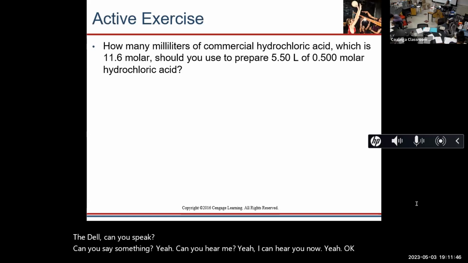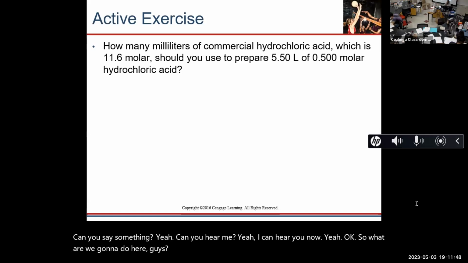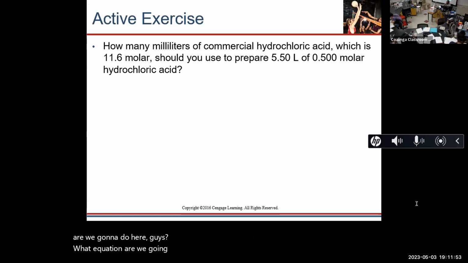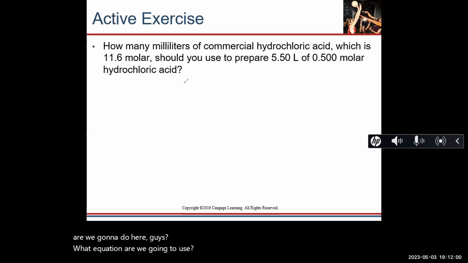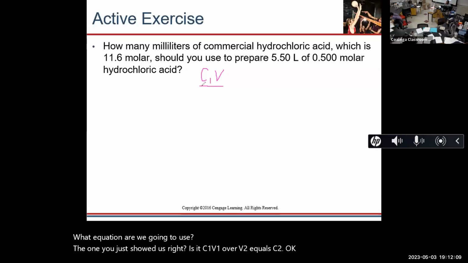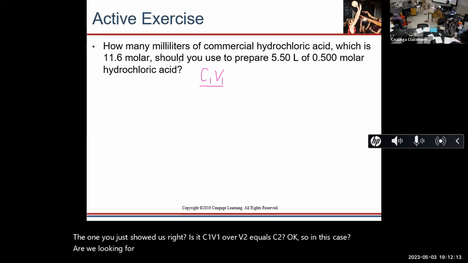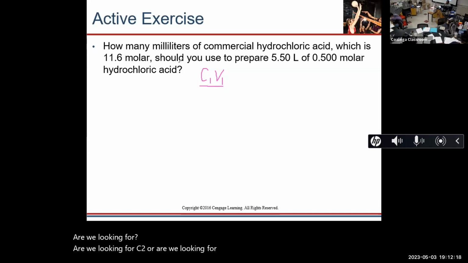So what are we going to do here, guys? What equation are we going to use? The one you just showed us, right? Is it C1 V1 over V2 equals C2? Okay, so in this case, are we looking for C2 or are we looking for V2?